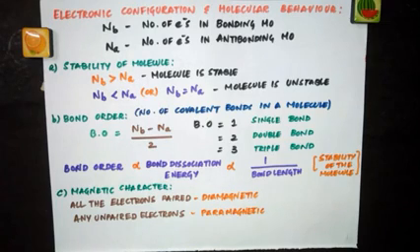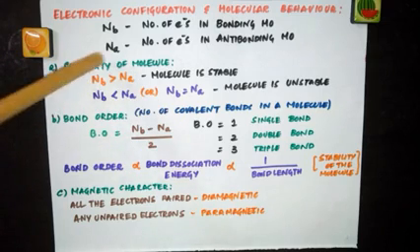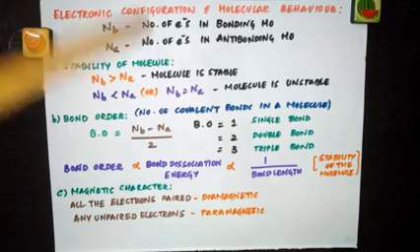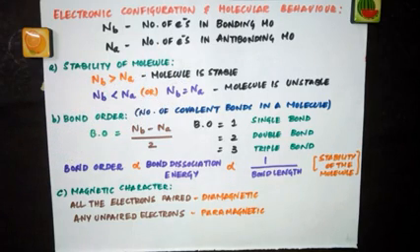Now, what information can you get from the orbital diagram? First one is stability of the molecule. When Nb is greater than Na, which means the bonding electrons are more in number than anti-bonding electrons, then the molecule is stable.